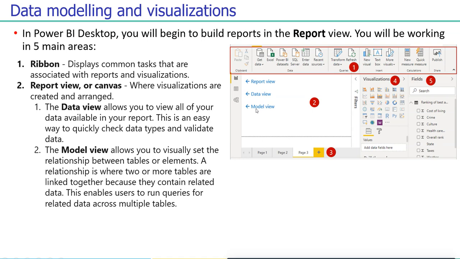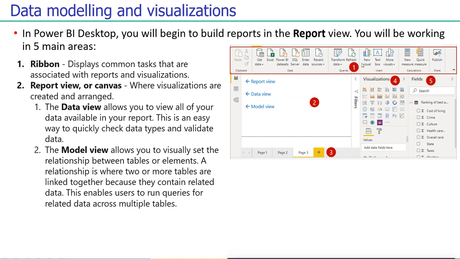And then model view, so a model is nothing but a set of tables, right? You can have a list of tables, and the relationships among the tables, how the tables are connected based on the common attributes. So it is very important to know these three things: report view, data view, and model view.